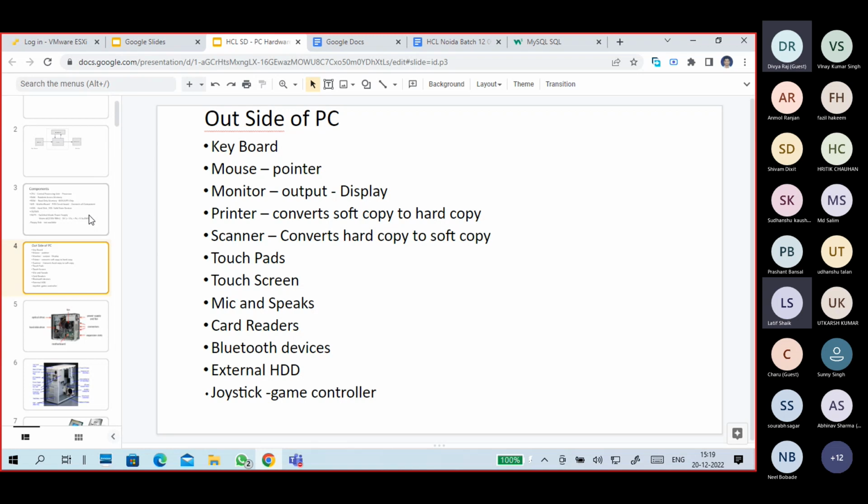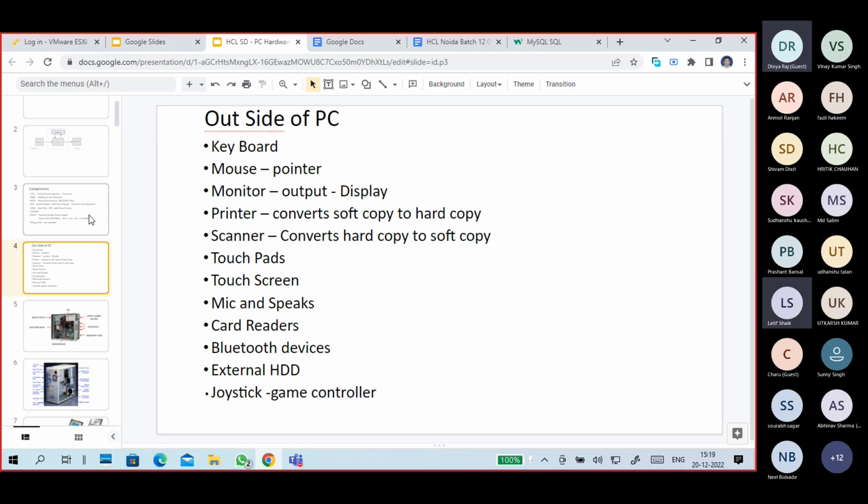Keyboard is a standard input device, mouse is a pointer device, and monitor is an output device for displaying purposes. Printers and scanners. You have a document in your computer. That is a soft copy, right? When you take a printout on paper, that is called a hard copy.